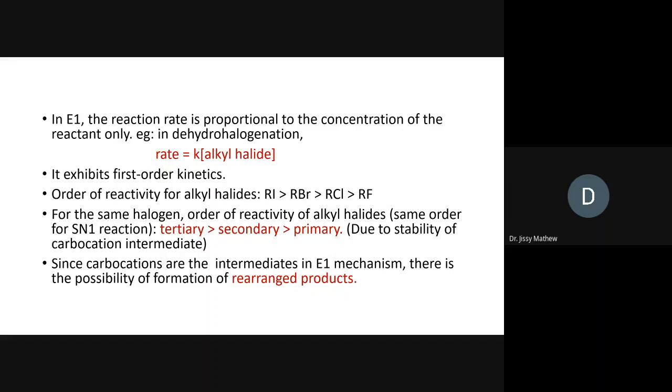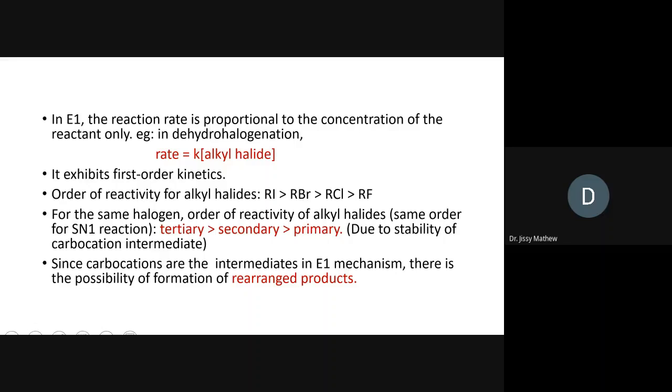The E1 mechanism involves a carbocation intermediate, and you know a tertiary carbocation is more stable. So usually tertiary alkyl halides or tertiary alcohols undergo elimination by the E1 mechanism. And in the E1 mechanism, which involves a carbocation intermediate, there is the possibility of formation of rearranged products.